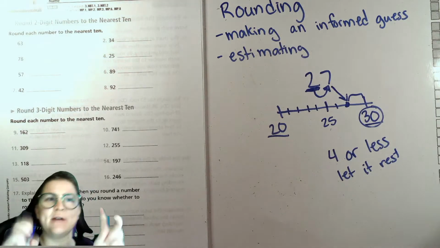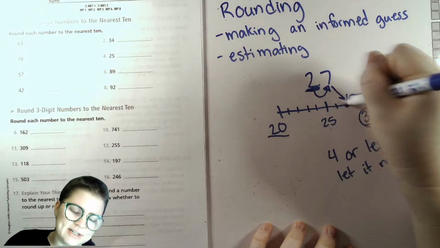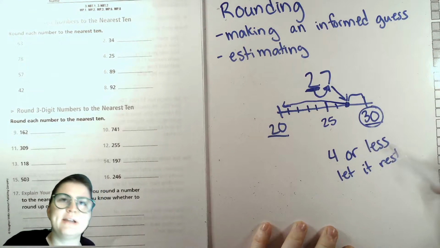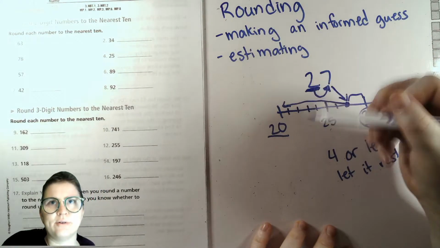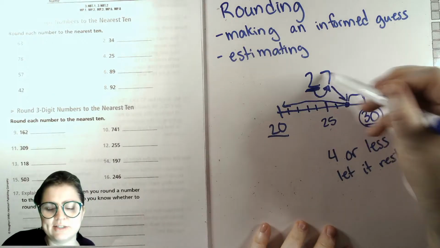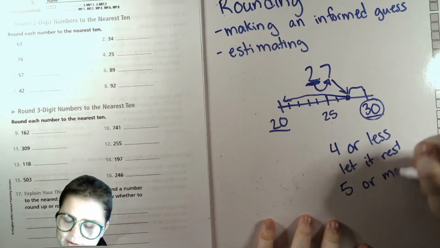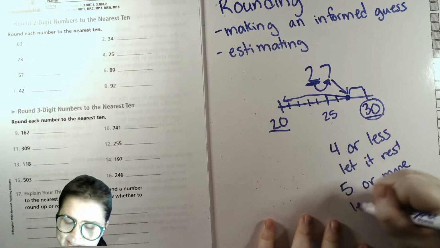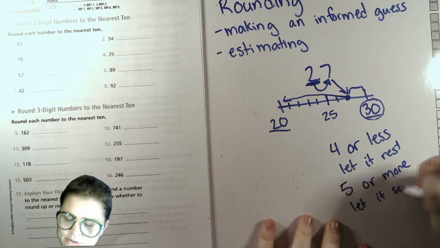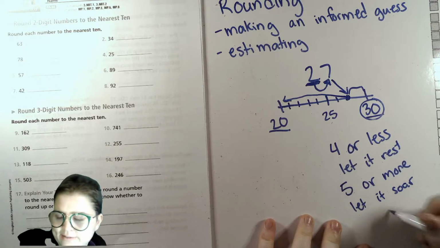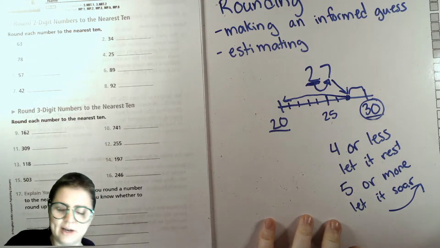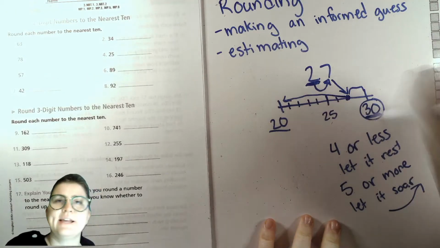But sometimes we say round down because technically you are going down a little bit, but this isn't going to go to a lower value than it already is. It'll just move this to 0. 5 or more, let it soar. And that means like fly like a bird and go up to the next 10.